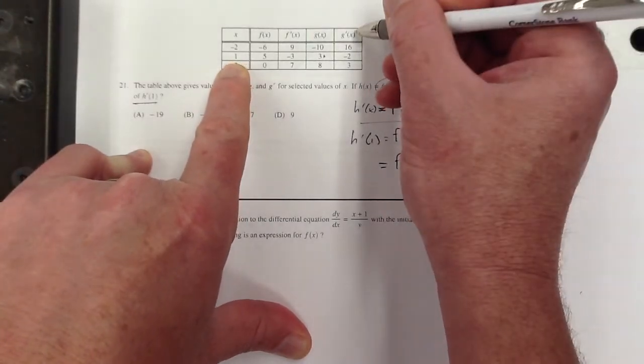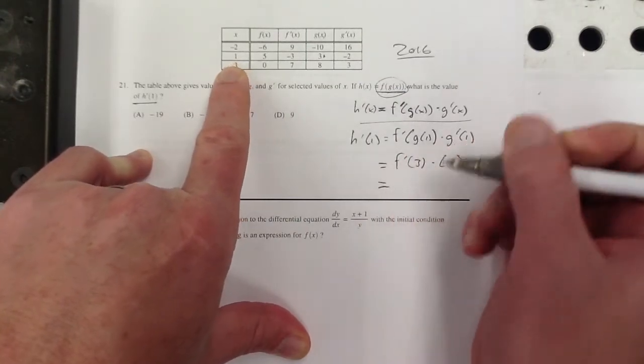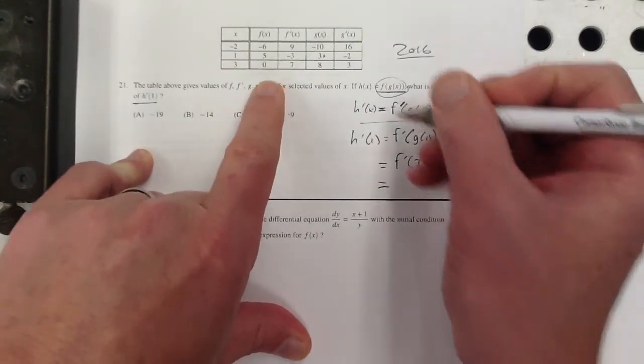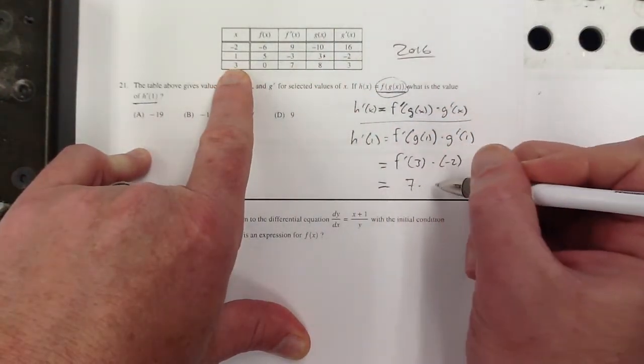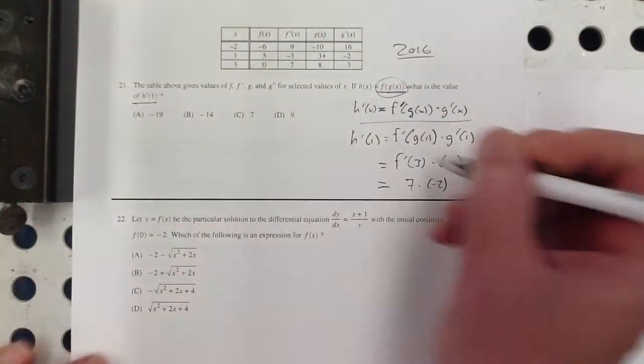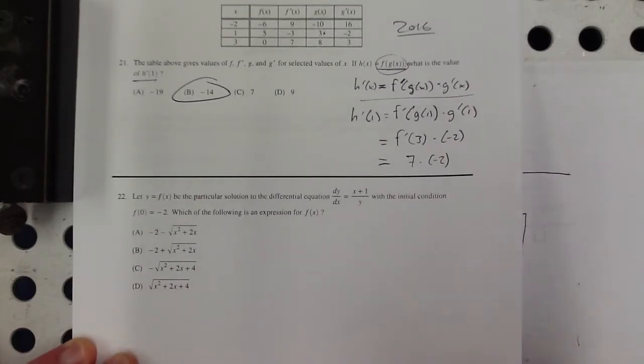G prime of 1 is -2, and then f prime of 3 is 7. That's -14. We had some questions like that on the 3.5, 3.6 quiz back then.